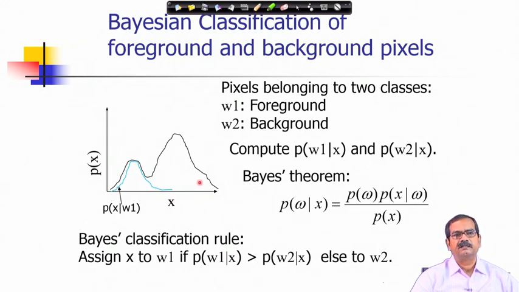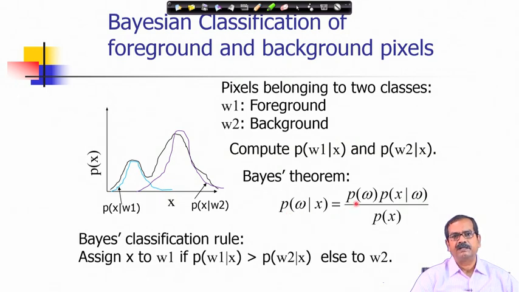For the background class also, we can consider another probability distribution, and that would be the probability distribution of x given W2. These probabilities are called likelihoods, and they can be computed easily rather than computing the posterior directly.